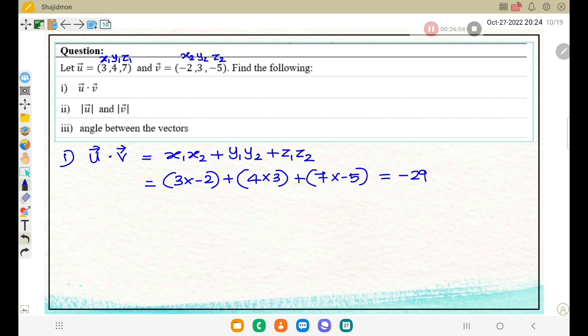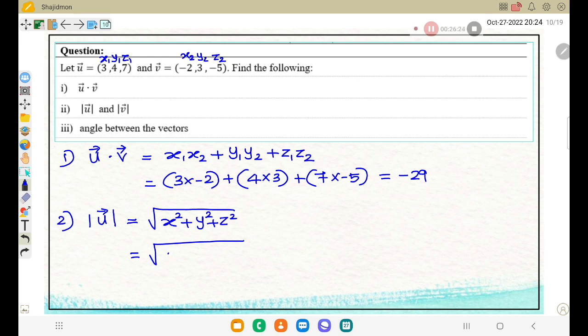Okay. Now the second part of the question, the magnitude of vector u. What is the rule for finding magnitude? Root of x square plus y square plus z square. Correct? That means root of, what is the x number in vector u? The x component is 3, square. The y component is 4 square plus the z component is 7 square.